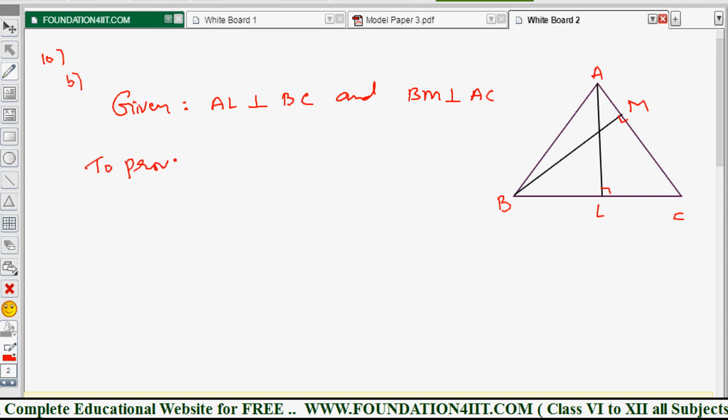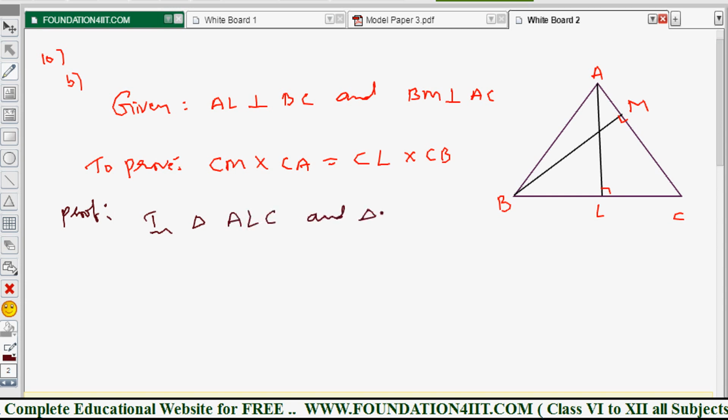To prove CM into CA is equal to CL into CB. So this is what we need to prove. So let's take the proof. From triangle ALC and triangle BMC, if you observe, ALC is this side and BMC. Let us prove these two triangles are similar first.